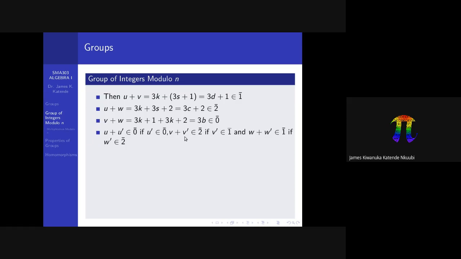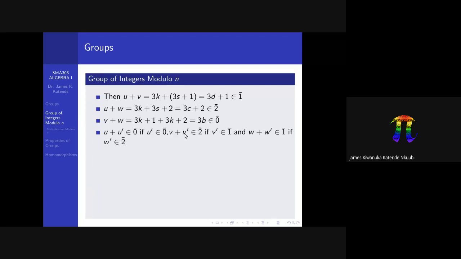Now, the next line simply shows what happens if you pick two elements from the same set. So if you pick two elements from the set 0 bar, when you add them, you will still get another multiple of 3. If you pick two elements from 1 bar, V is from 1 bar.